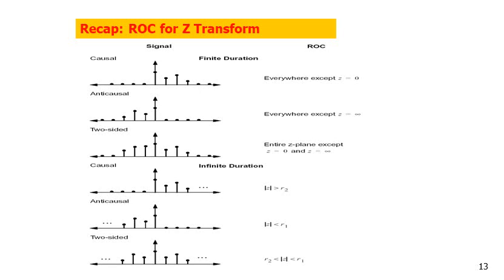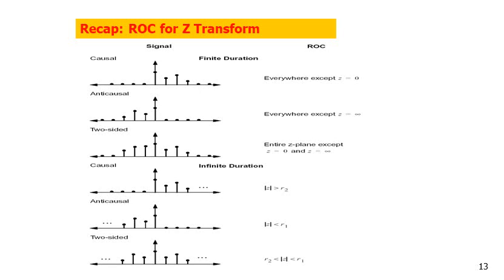This slide shows what happens to the ROC if your sequence is of finite duration or infinite duration. The first three plots are for finite duration sequences, and one thing that you should remember about the ROC is that for finite duration sequences, the ROC is the entire z plane except at z equal to 0 if it is a causal sequence, z equal to infinity if it is an anti-causal sequence, and z equal to 0 and infinity if it is a two-sided sequence.